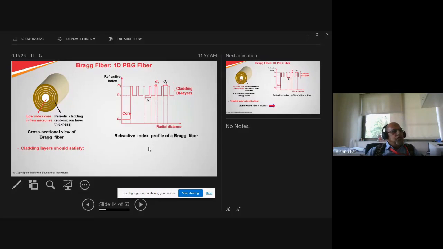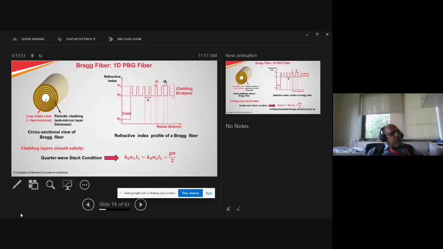But if you choose your cladding layers to satisfy what is known as the quarter wave stack condition from theoretical point of view, which implies that this relationship is valid, that means for a given N1, N2, and a given wavelength of propagation, you choose your D1, D2. Actually it should be D1 and D2, not L1, L2. There's a typo here.